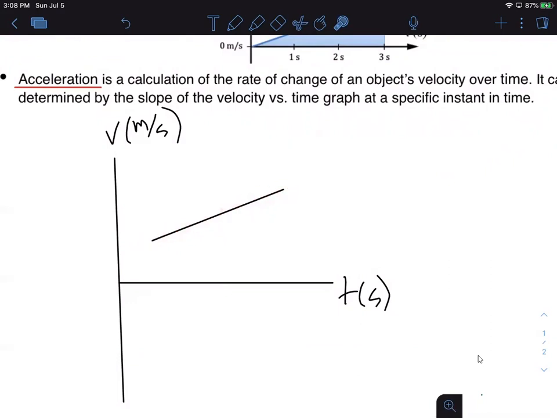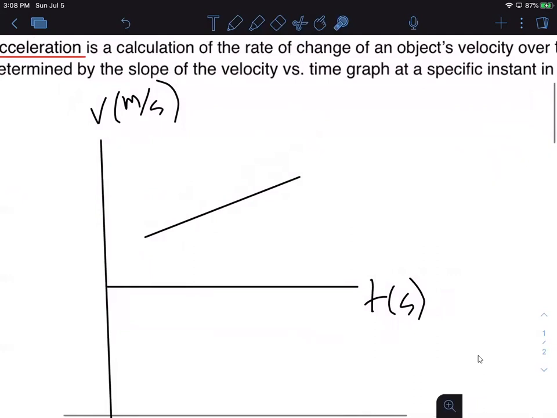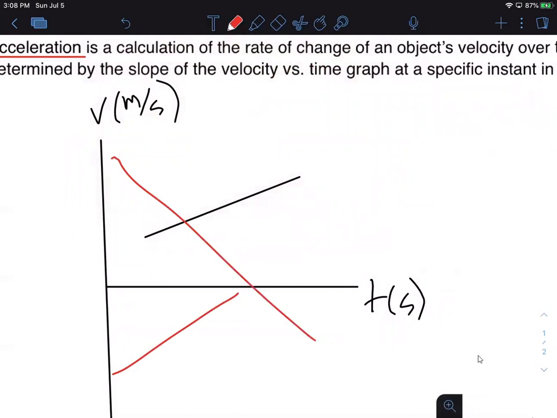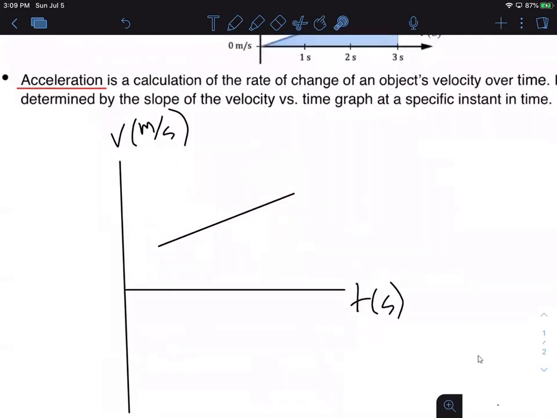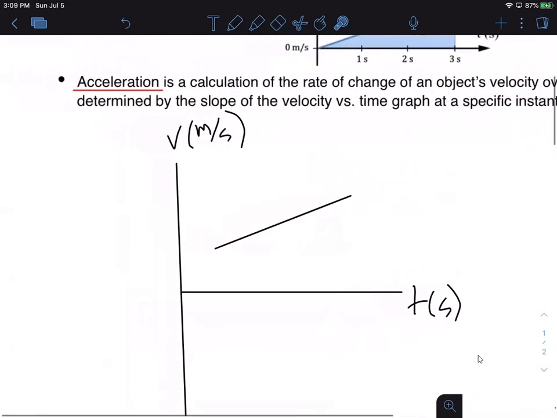The equations that we find are going to work in any sort of situation. So if I have an object going like this, or an object going like that, as long as the acceleration is constant, so the slope is constant, these equations will work out. And we'll show you at the end that that's the case.